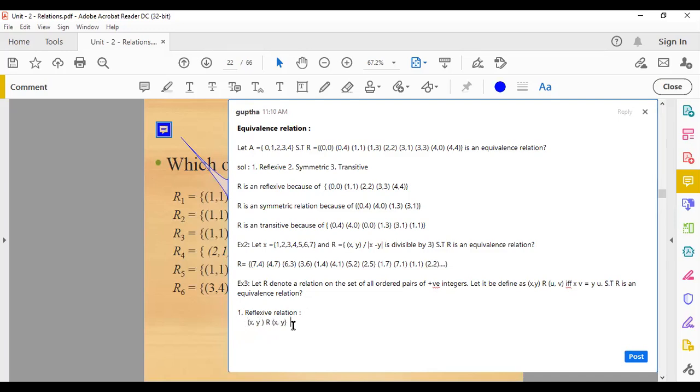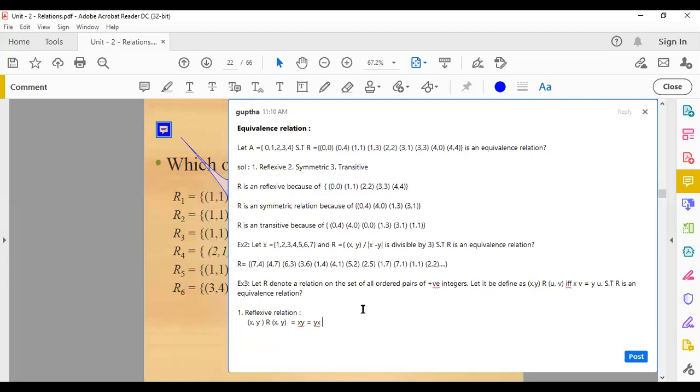As per the definition, if (x, y) is related to (x, y), then it is equivalent to xy equal to yx.